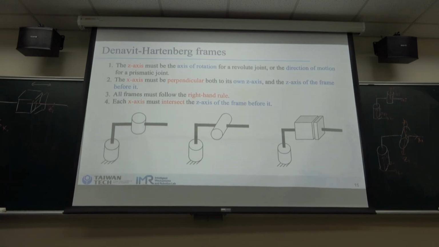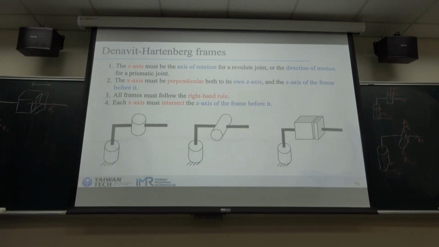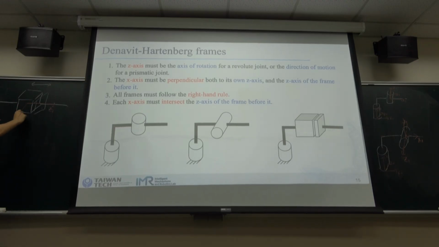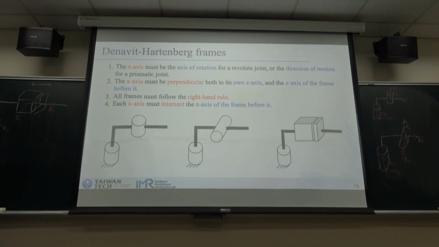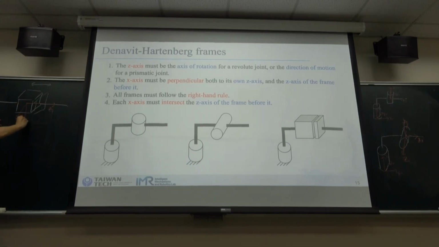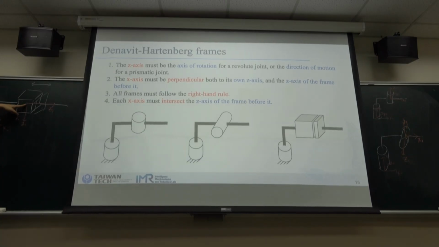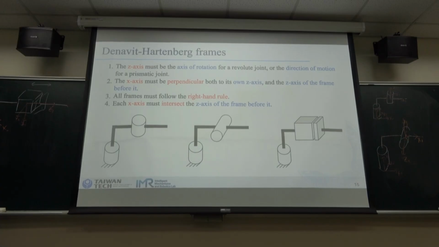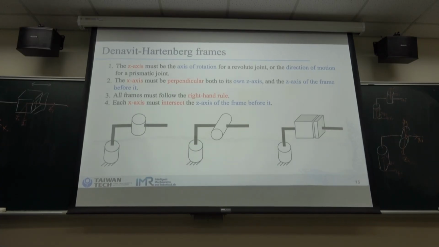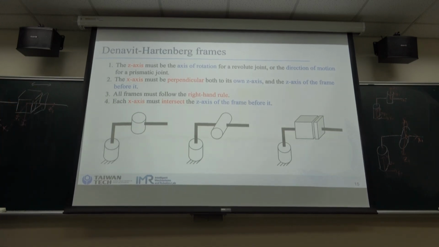The x must be perpendicular to z1 and z0. So maybe we can choose here x1, and from z to x is y1. Now we want to check whether this x-axis intersects the z-axis, and we found that they did not intersect, because the x-axis is here and the z-axis is here.